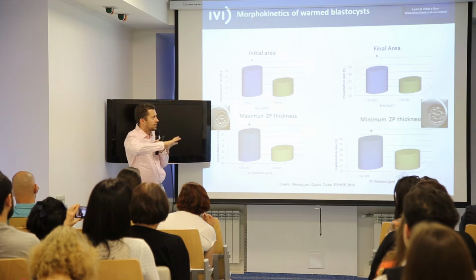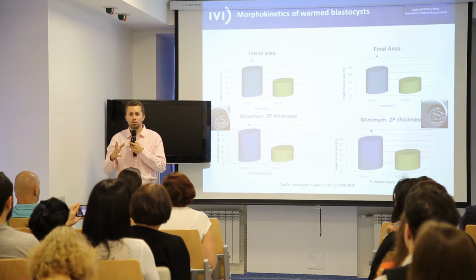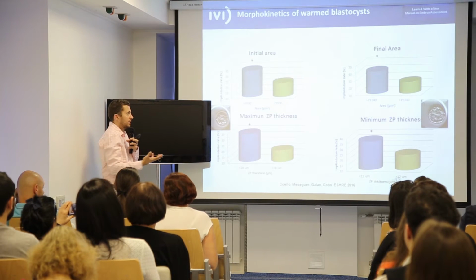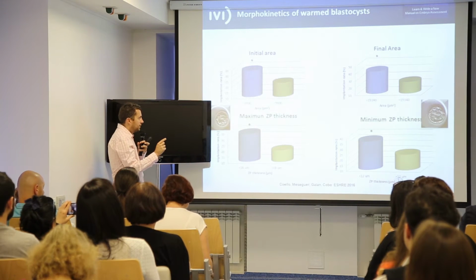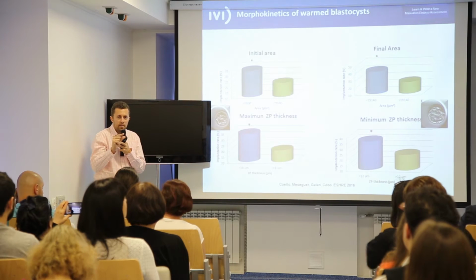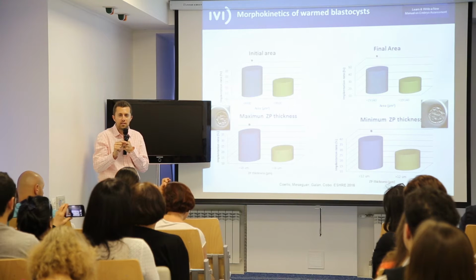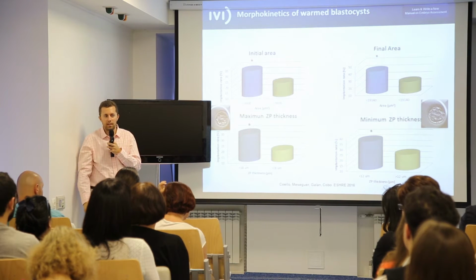If the blastocyst area is close to 20,000 square micrometers, the implantation rate will be quite a lot higher than if it is below that number. Or if the final thickness of the zona pellucida, when the blastocyst is expanded, is below these 12 micrometers, the outcome will also be higher.